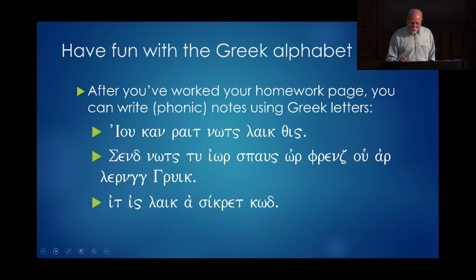English words in Greek letters. Then oo, as in through or soup. And this is you, can, write, I as in aisle. You can write notes, I as in aisle again, like this.